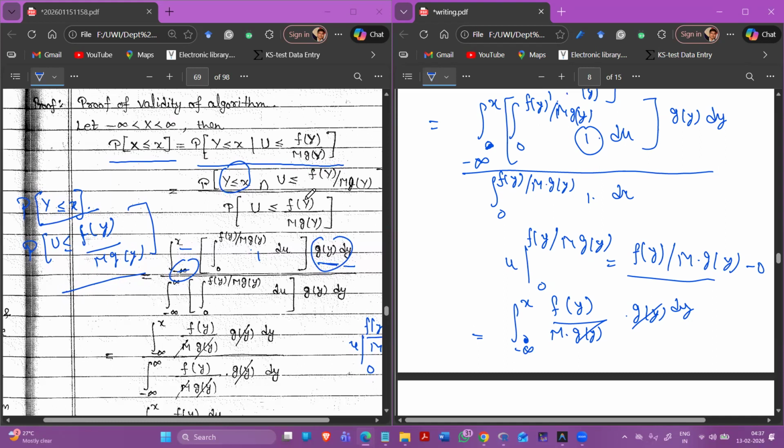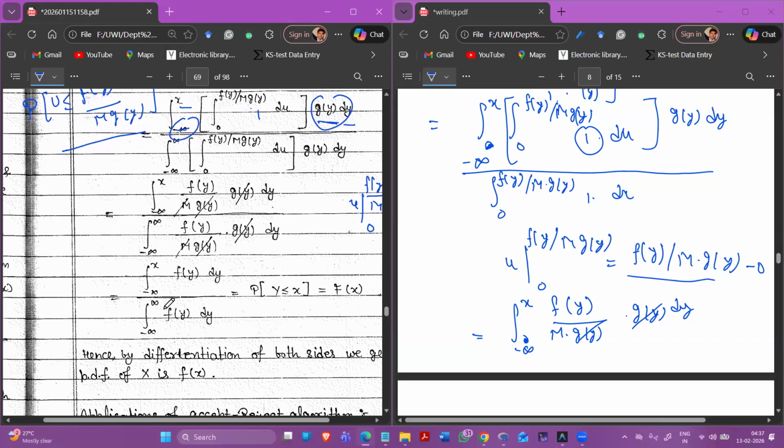U should be less than or equal to fY divided by M into gY. How will you find this? First you need to solve this integral, but in this integral you already have gY, right? So how will you make it independent? For that you need to integrate over the range of Y. That's why we have minus infinity to infinity here.